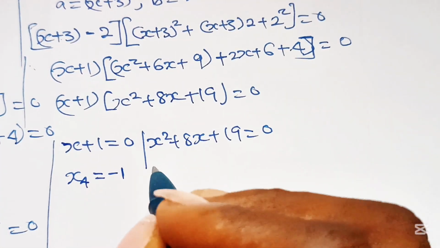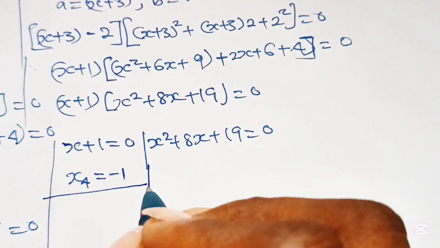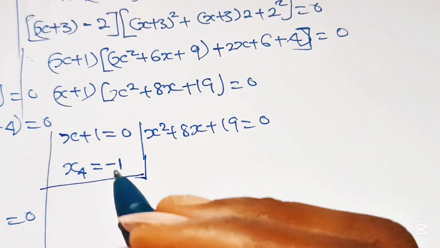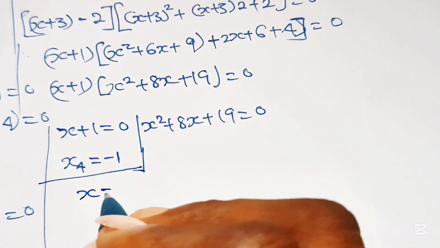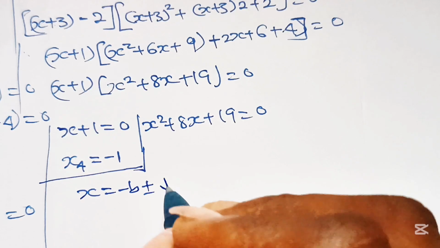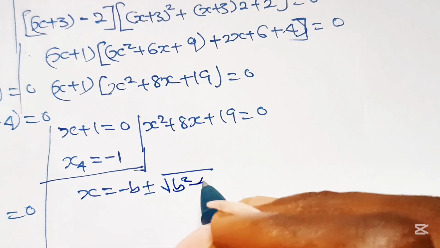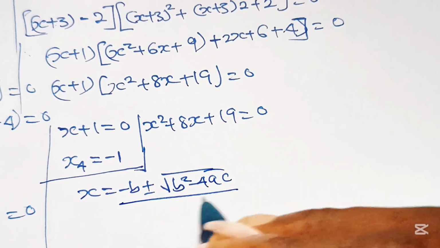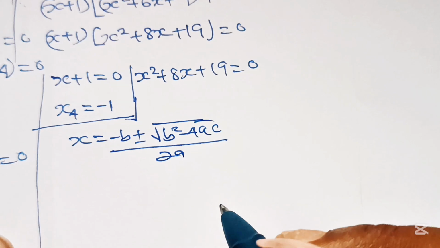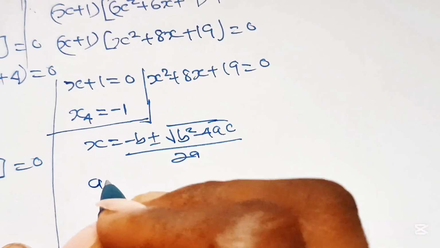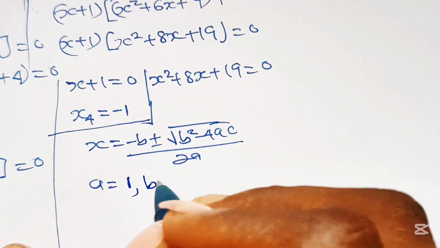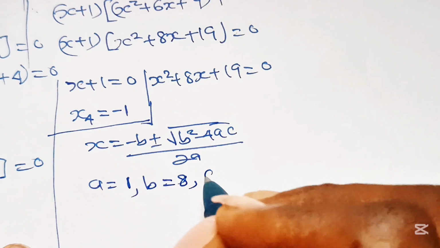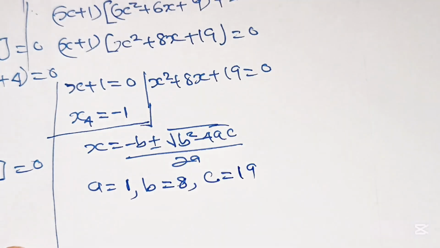Now to get the others, we need to use our quadratic equation formula as well. The quadratic equation formula states that x is minus b plus or minus the square root of b squared minus 4ac, everything divided by 2a. In this case, our a is equal to 1, our b is equal to 8, and our c is equal to 19.